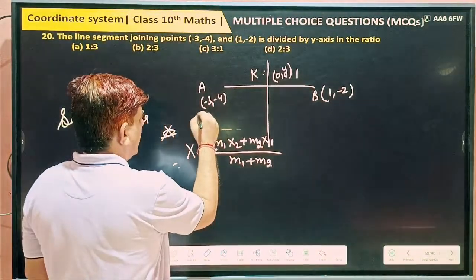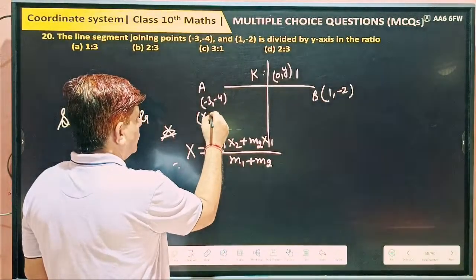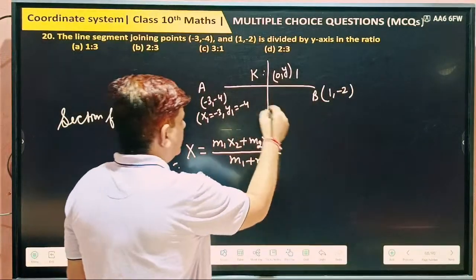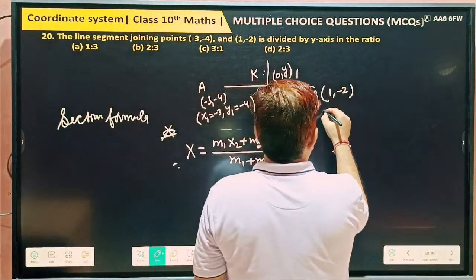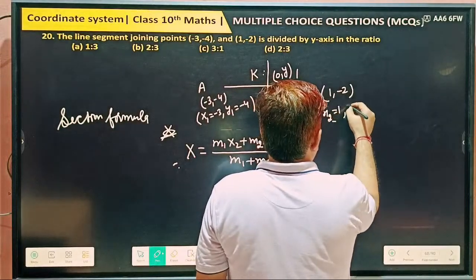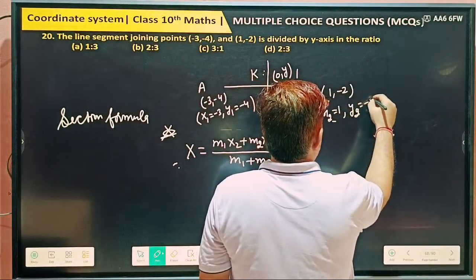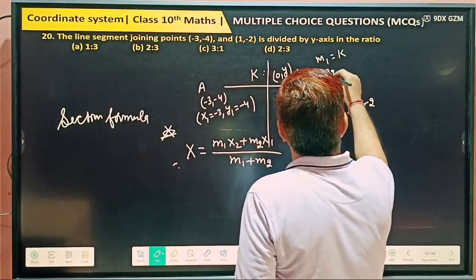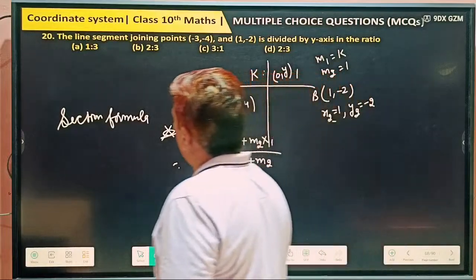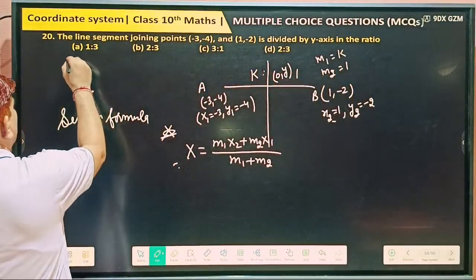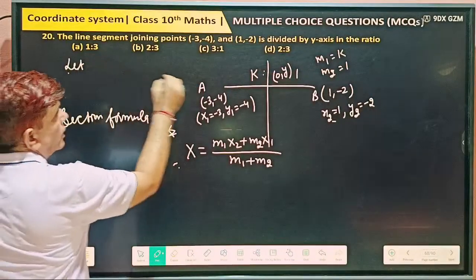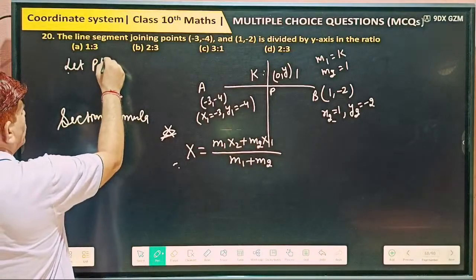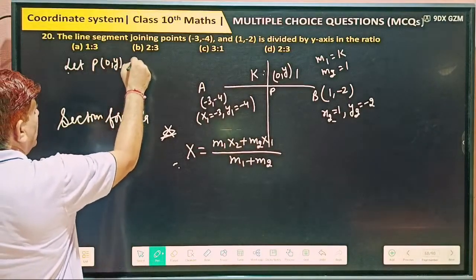So here x1 is -3, y1 is -4, x2 is 1, y2 is -2, m1 equal to k, m2 equal to 1. So let this point be P, whose coordinates are (0, y).